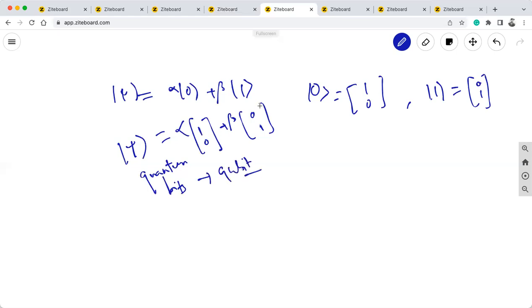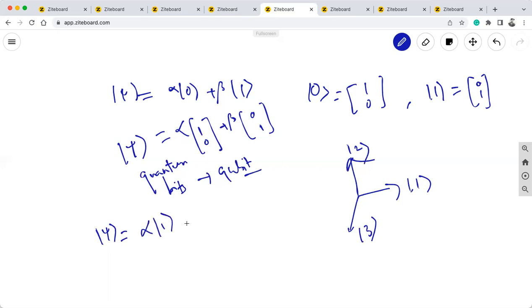Because you have 0 and 1 here, if you are using multiple bases, say for example in a computer setting it can have three different orthogonal bases, you can take ket 1, ket 2 and ket 3, and you can create your quantum state as alpha ket 1 plus beta ket 2 plus gamma ket 3, and you can increase for a higher number of bases.